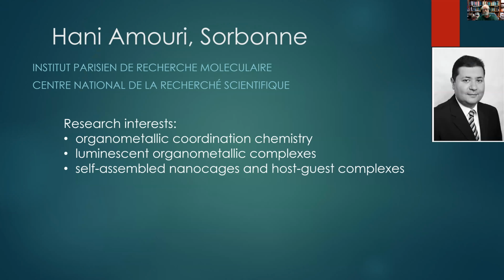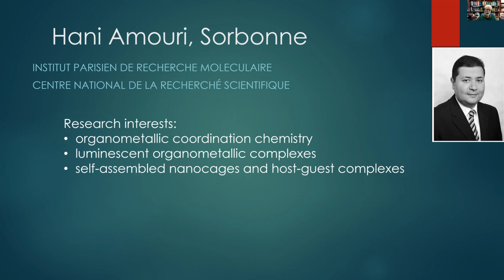So all of the work I'm talking about today is work that we're doing in collaboration with experimentalists. And first of all, I wanted to tell you about work that we're doing with Hani Omori. He's a transition metal organometallic chemist at the Sorbonne in Paris. And he's particularly interested in making kind of novel complexes, sometimes with two different transition metals involved.